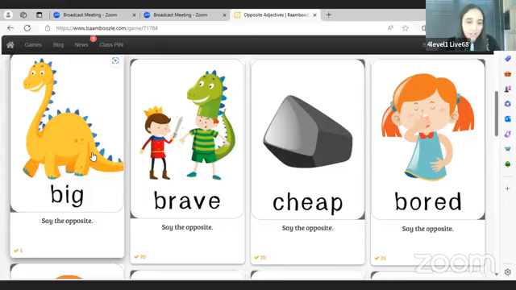Now, can we move to the second one? Can you guess the second one? Brave. What is the opposite of the word brave?